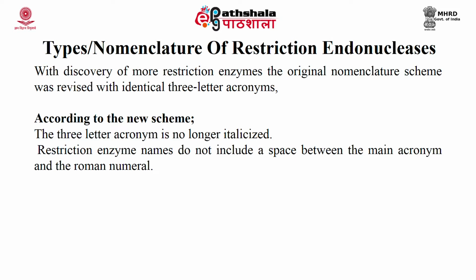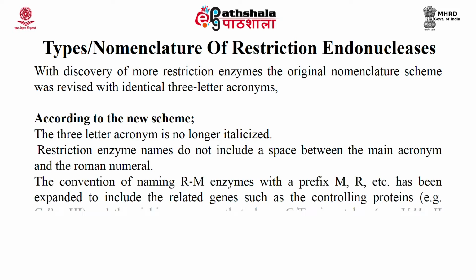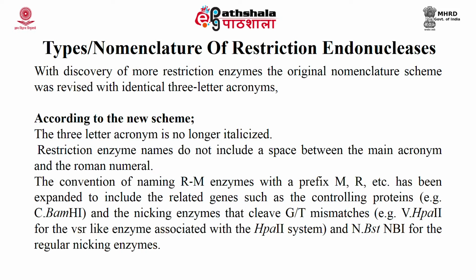Second, the restriction enzyme names do not include a space between the main acronym and the Roman numeral. Third, the convention of naming RM enzymes with a prefix M, R, etc. has been expanded to include related genes such as controlling proteins.